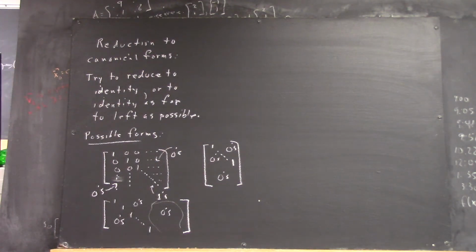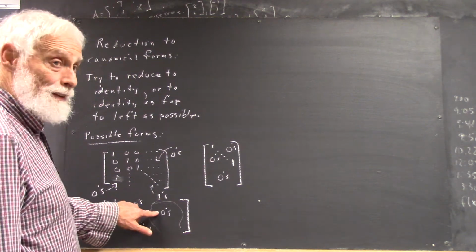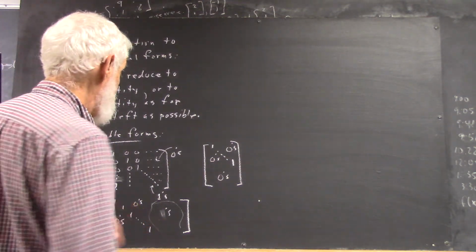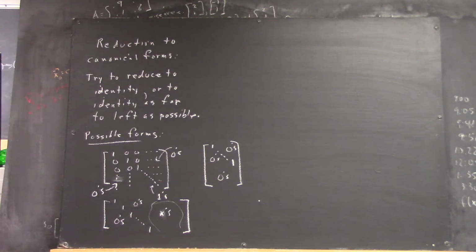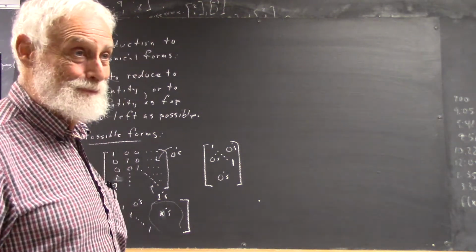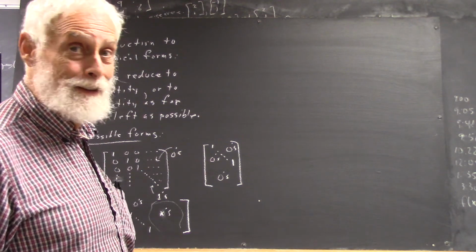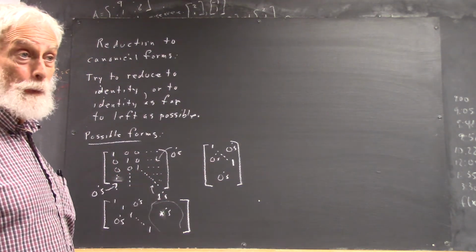Of course, in reducing this, in this case, these don't have to be zeros. So I'm going to call those asterisks. Make sense? So, we can get any of these forms, right?